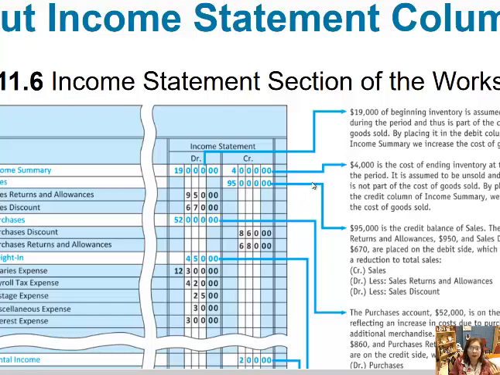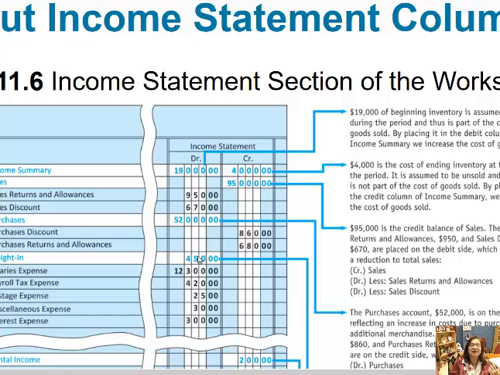And remember, what the income statement is, all we're looking with an income statement is what? Just the income of the money that we made, our sales. Then we're also going to be looking at the sales and returns and allowances and the discounts, our purchases discounts, our freight in.